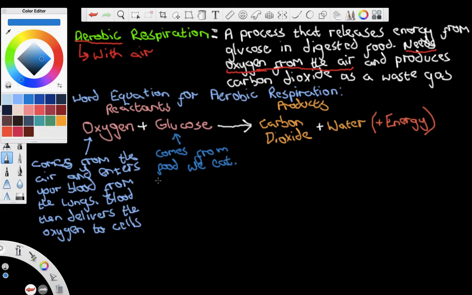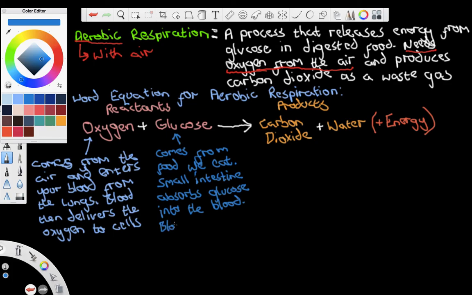And we can say that the small intestine absorbs glucose into the blood, full stop. And we can then say that the blood delivers glucose to cells.